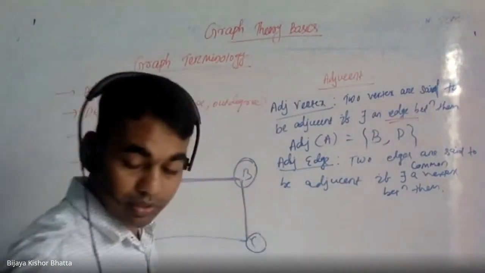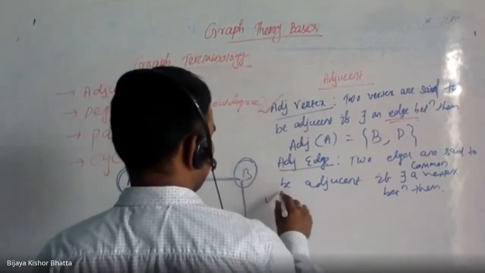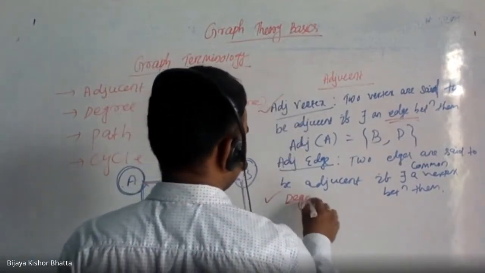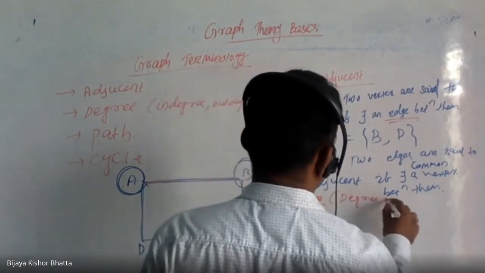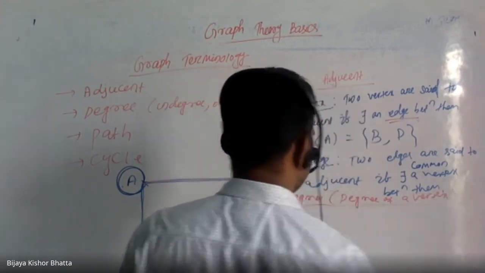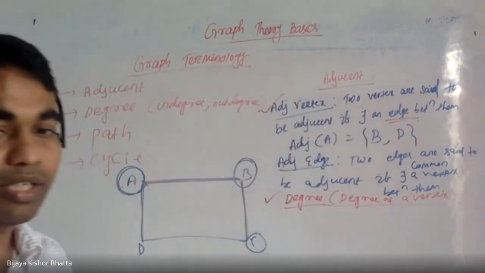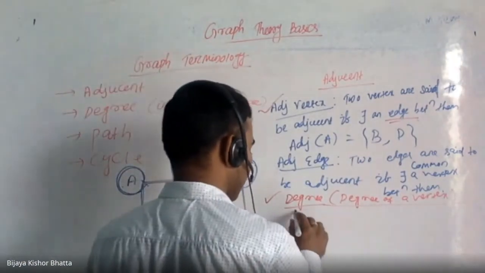Let me write it here. So adjacency is completed. Let's go for the second one, which is degree, or else it is known as degree of a vertex. So always you calculate the degree of a vertex.